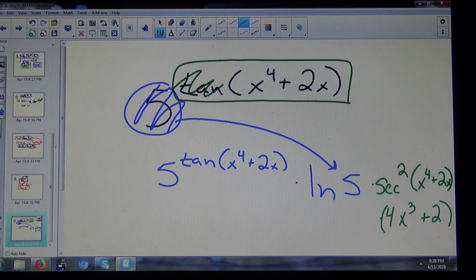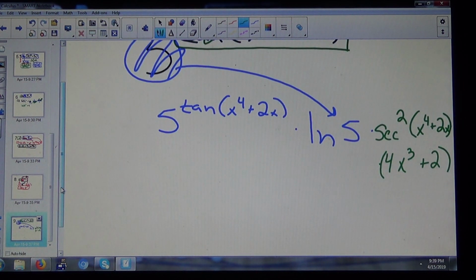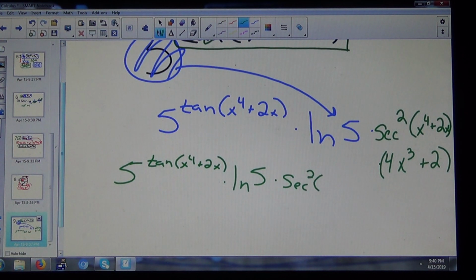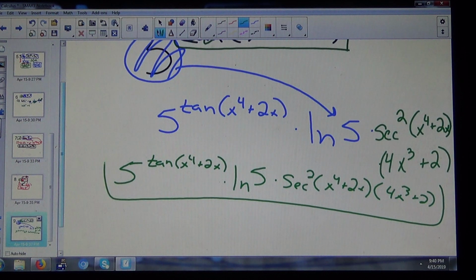Okay, so then I would multiply by that as well. And on this one, there's not really anything that would combine. So I just write out the entire thing here. And that would be it.